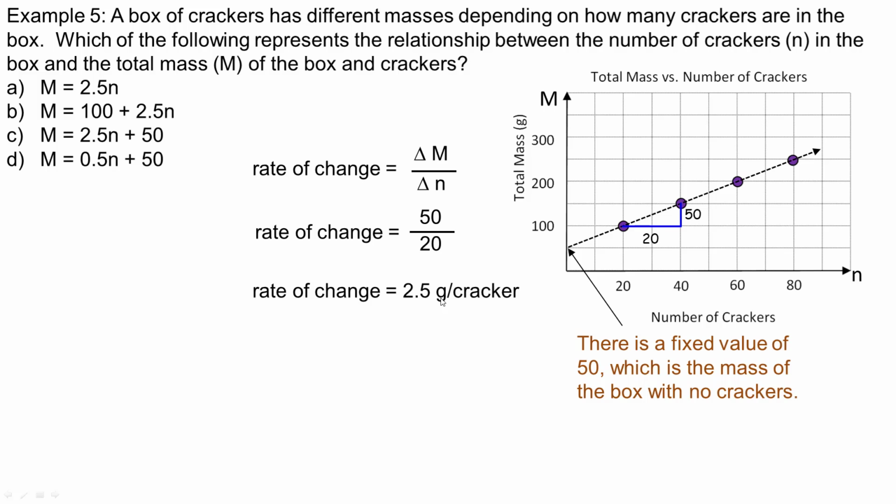That's 2.5 grams per cracker, so that's actually the mass of a cracker. I know it's grams per cracker because this is 50 grams, and this 20 is the number of crackers.